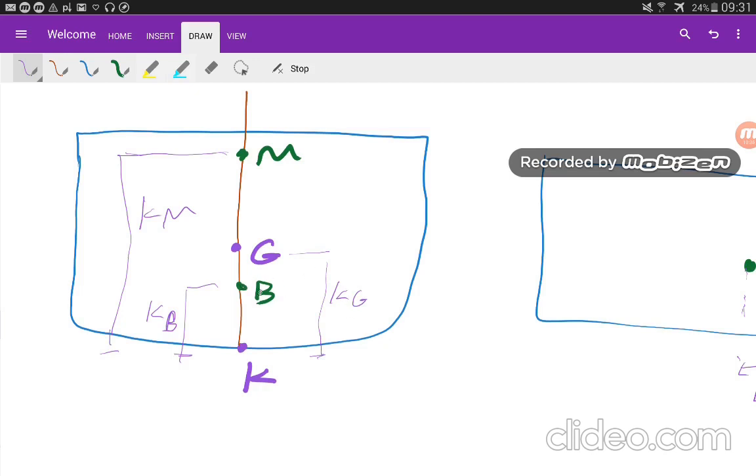Another point is the center of buoyancy. If you remember from flotation and what we reviewed previously, if we want our vessel to float on the sea, we have to have a similar force to the weight applied by the water. As a result, our vessel floats.